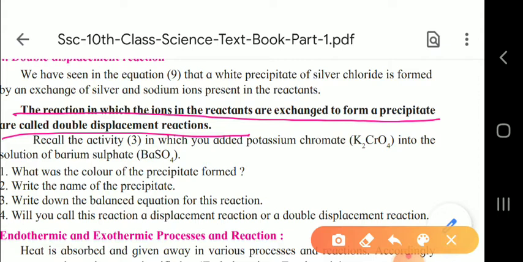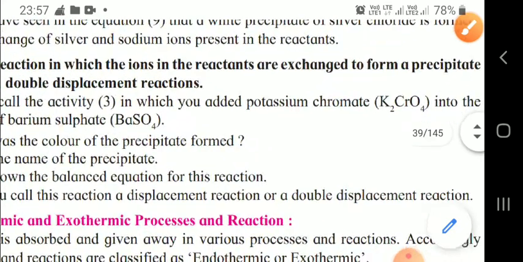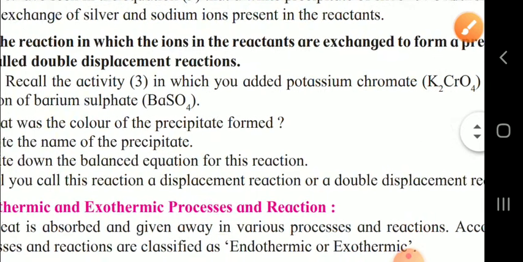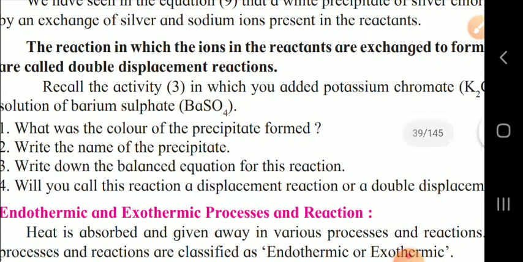So here we will see when potassium chromate is added to barium sulfate solution, how the reaction takes place. What is the formula for potassium chromate? K2CrO4. So let us see the reaction, children. I'll just explain it here.